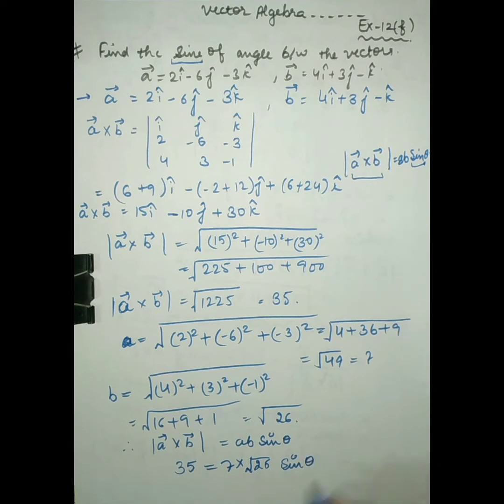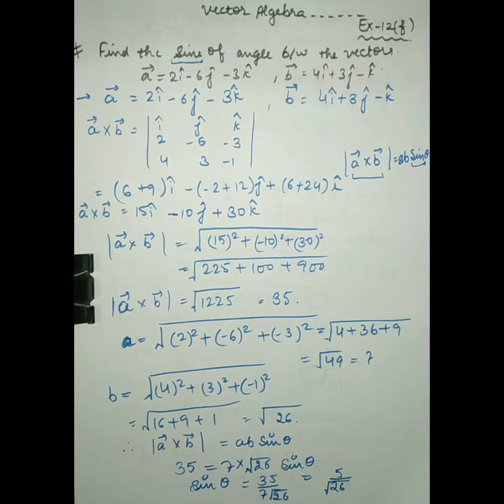So from this we get sine theta equals 35 upon 7 into root 26. That means this will become 5 upon root 26. So this is the value of the sine theta, which is the sine of the angle between the two vectors A vector and B vector.